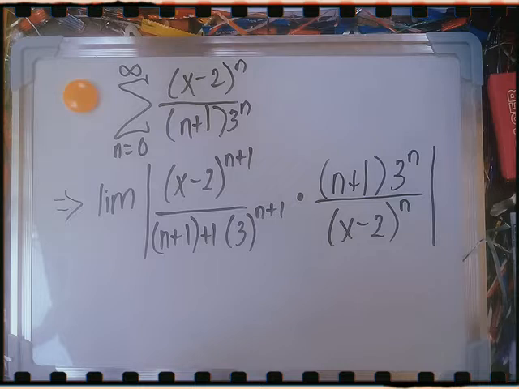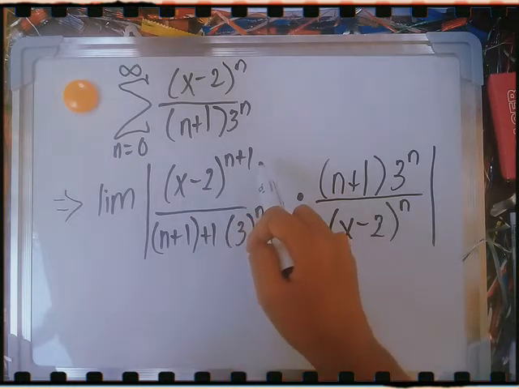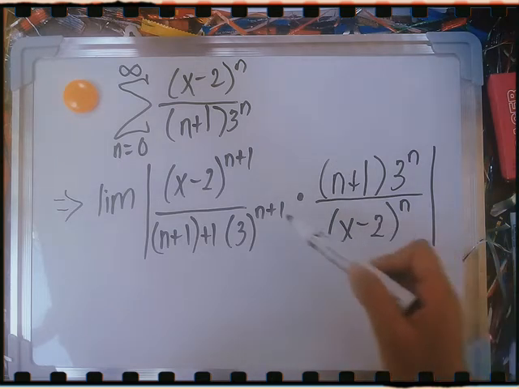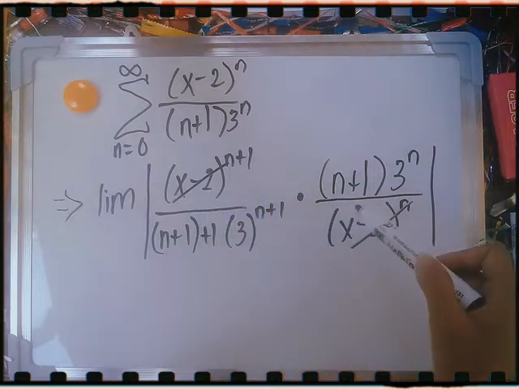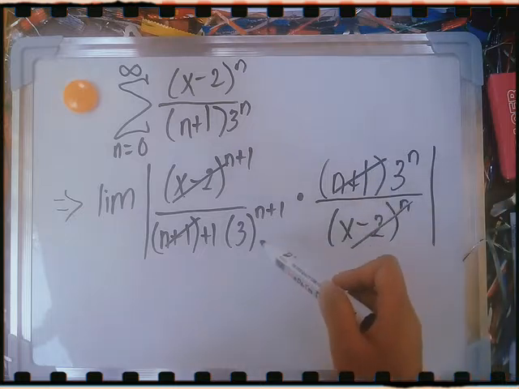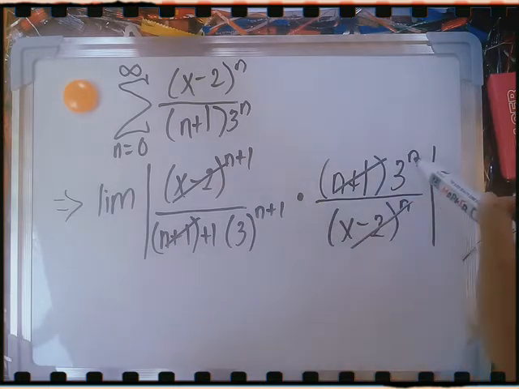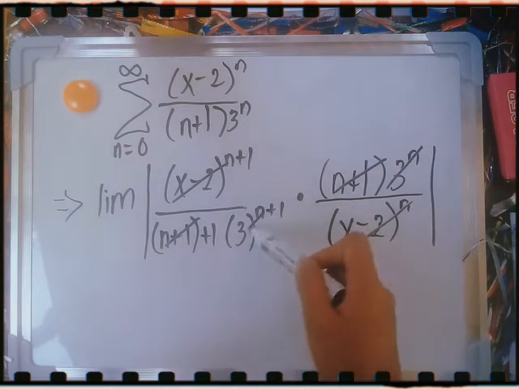To solve this, we are going to break down the factors or the numbers na pwede nating i-break. Dito meron tayong x minus 2 raised to n plus 1, tapos meron tayong x minus 2 raised to n, so cancel the x minus 2 raised to n. Then we have n plus 1 here, n plus 1, and then the 3 raised to n will become 3 raised to n and 3 raised to 1. So 3 raised to n will be cancelled.